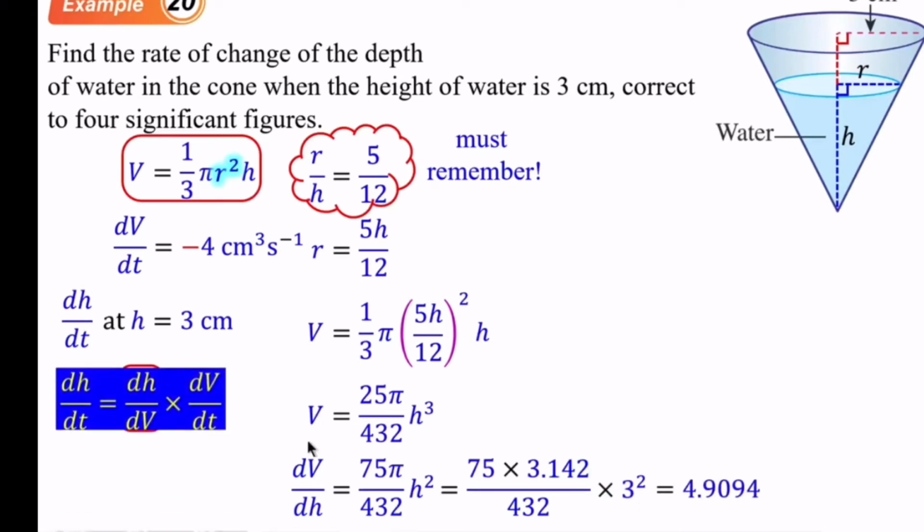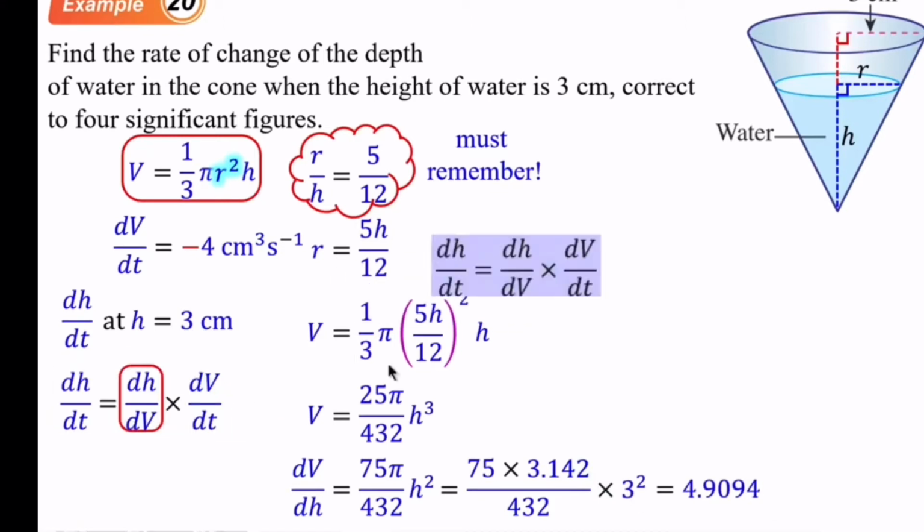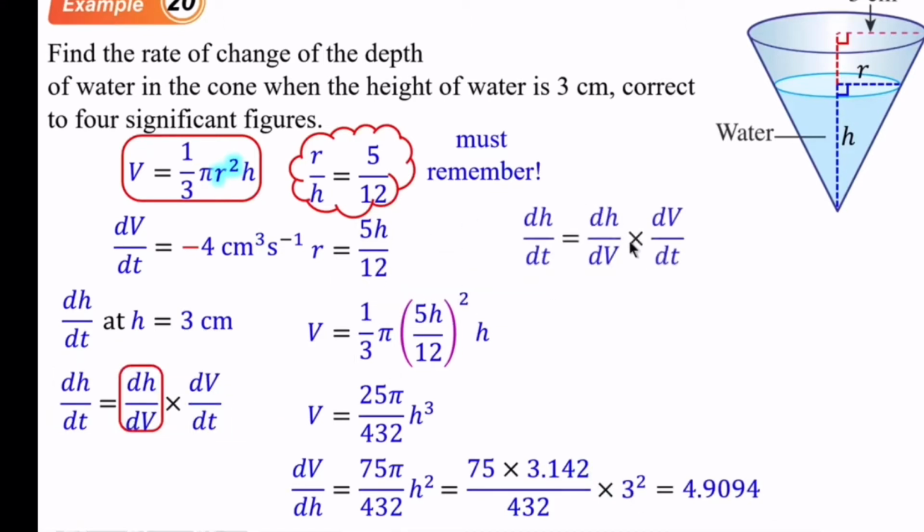So now we will write dh/dt equal to dh/dV times dV/dt, and we need to invert our dV/dh because we are having dh/dV, so it's 1 over dV/dh. You understand? Because in our chain rule, we don't have dV/dh, we are having dh/dV, but when we differentiate, we have dV/dh.